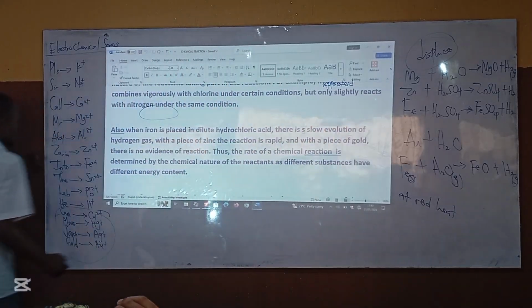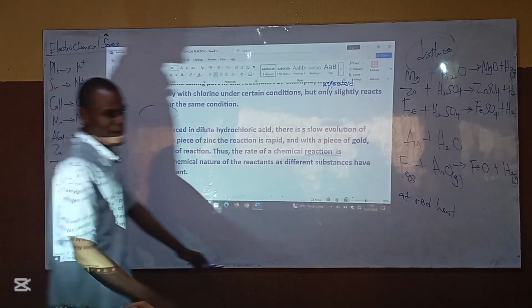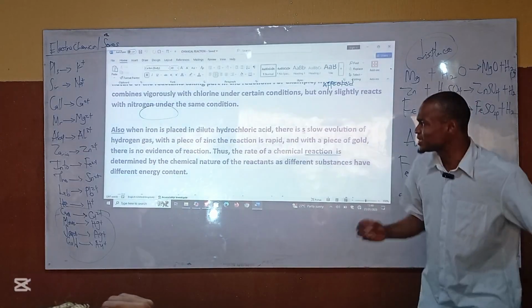So can you see that magnesium can react with water, but not ordinary water. The water must be steam. Iron can also react with water, but the water must be steam, and iron also must be heated to red heat.